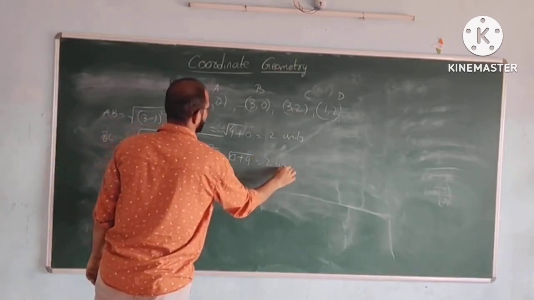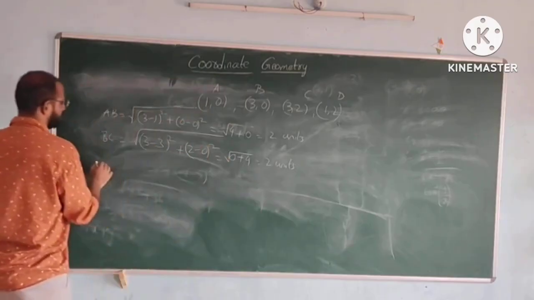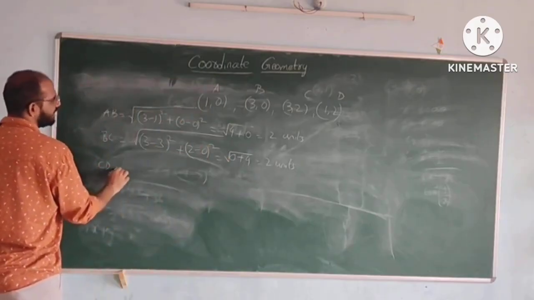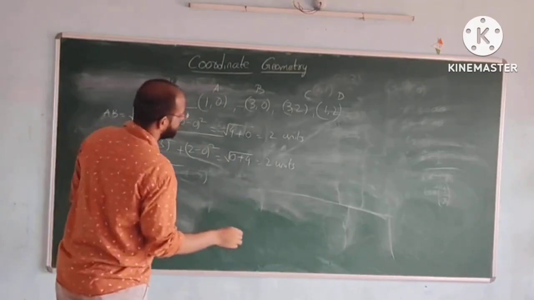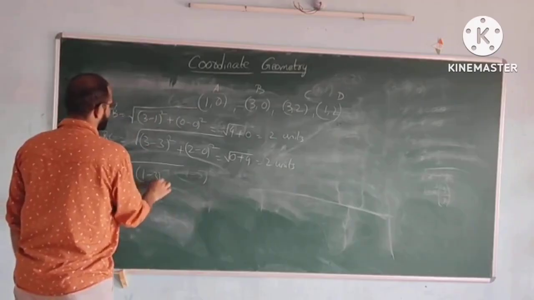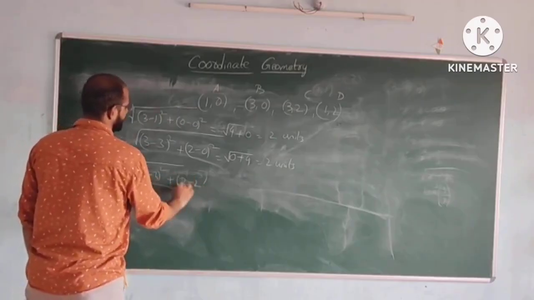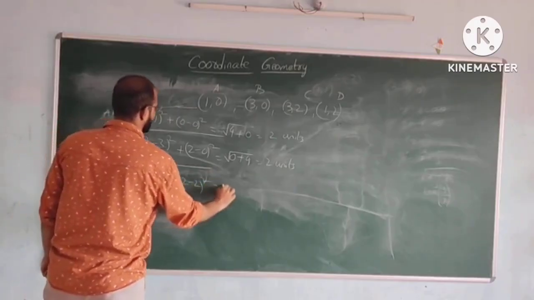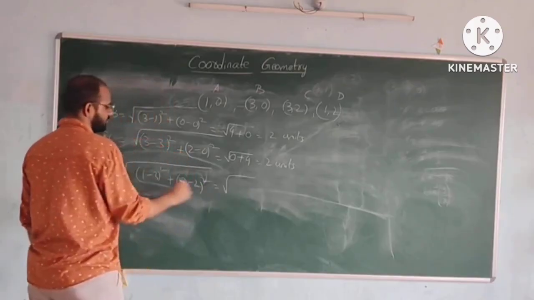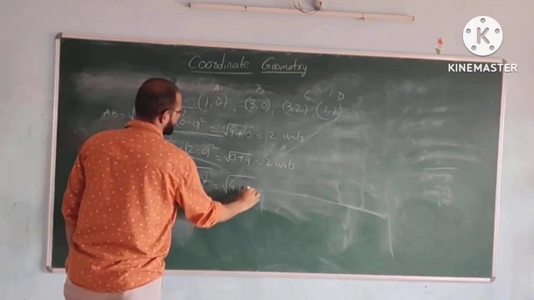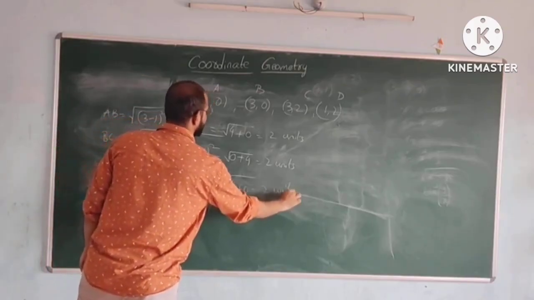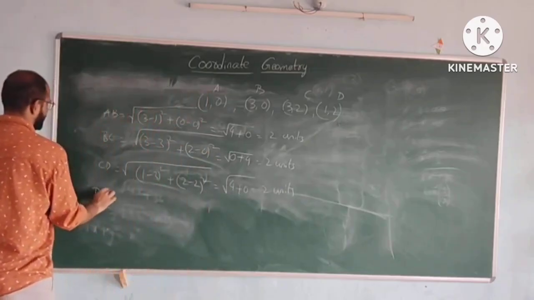It is also 2 units. CD is 1 minus 3 whole square plus 2 minus 2 whole square. Again we get minus 2 square is 4, 4 plus 0. It is again 2 units.